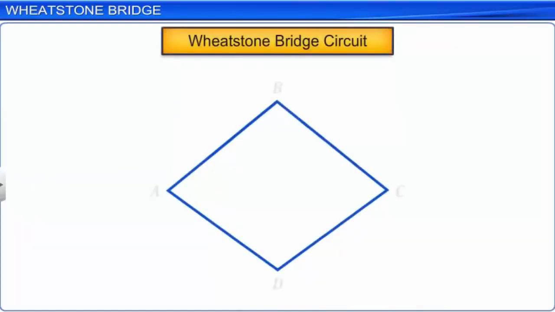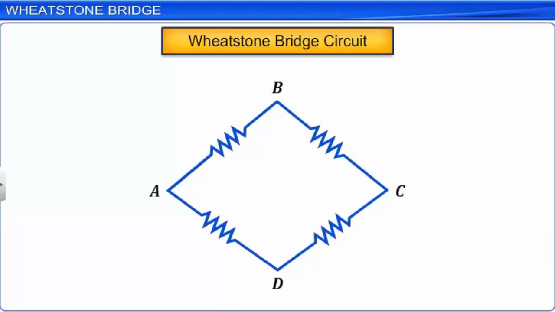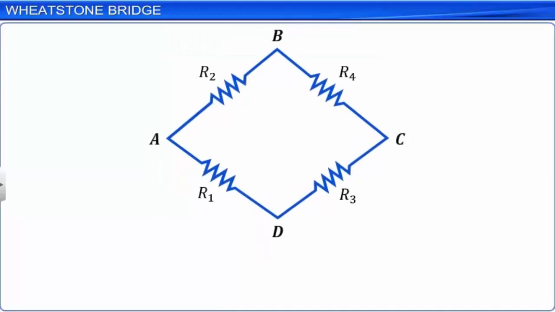The Wheatstone bridge is an electrical circuit shaped like a rhombus, ABCD. The 4 sides of the rhombus are made up of 4 different resistors, R1 to R4. Across the vertical diagonal BD of the rhombus, a galvanometer is connected to detect current.